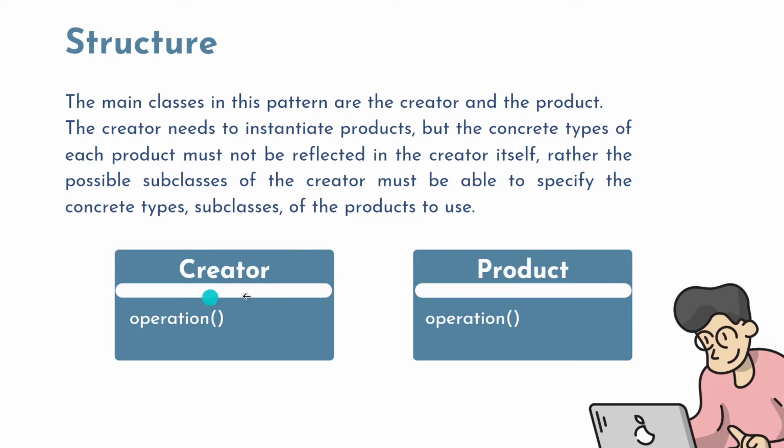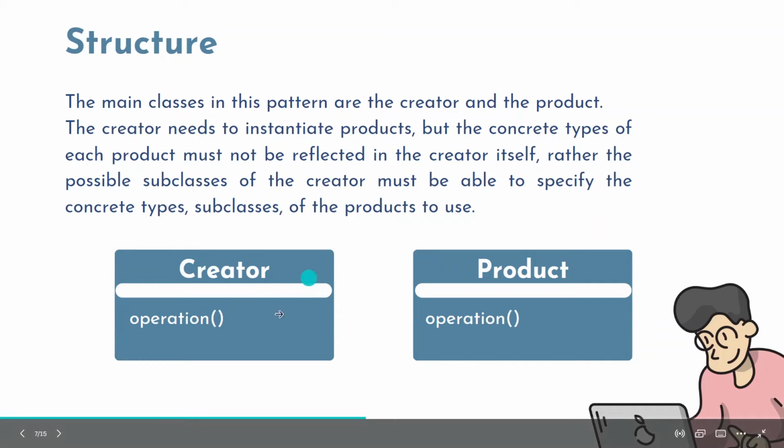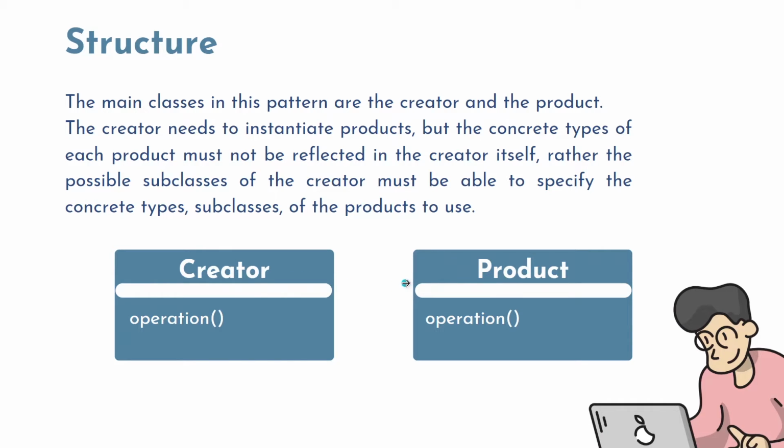The creator needs to instantiate products, but the concrete types of each product must not be reflected in the creator itself. Rather, the possible subclasses of the creator must be able to specify the concrete types, subclasses of the product to use. These two classes are very important, and we are going to talk about that in the presentation soon.